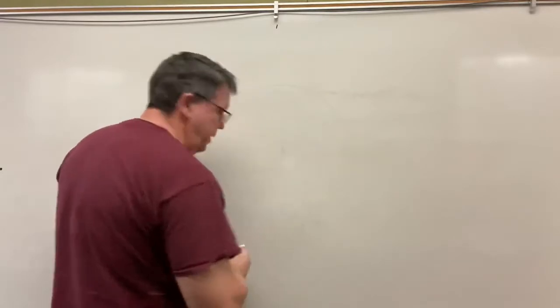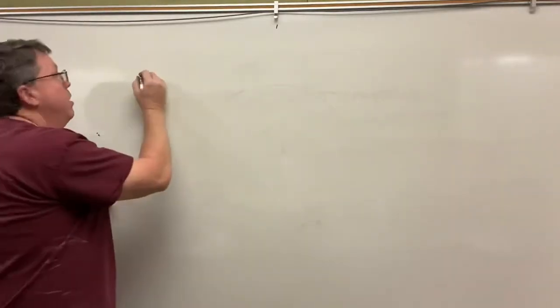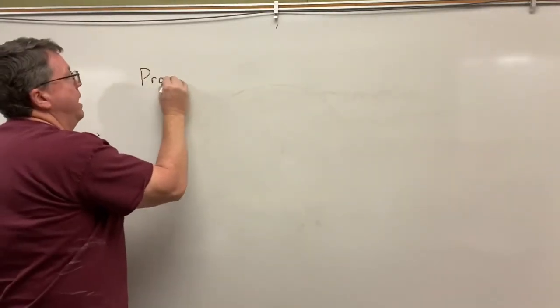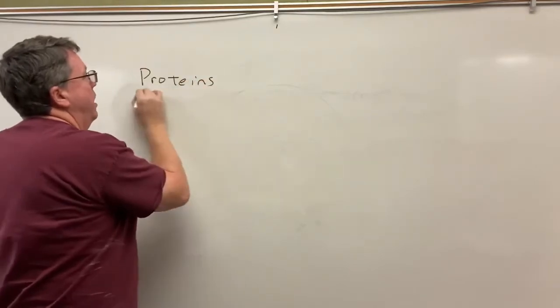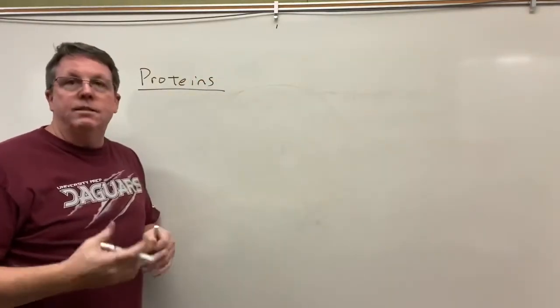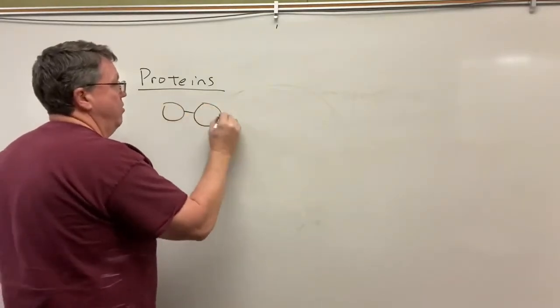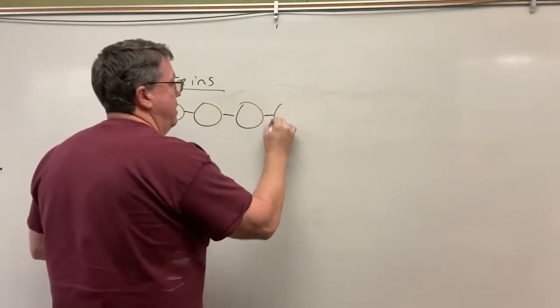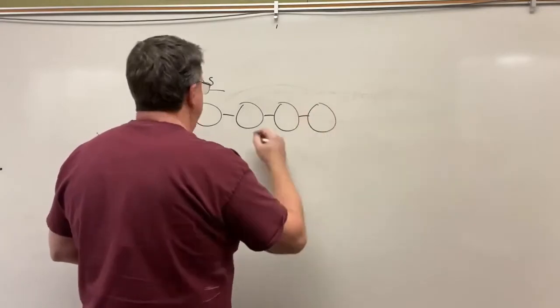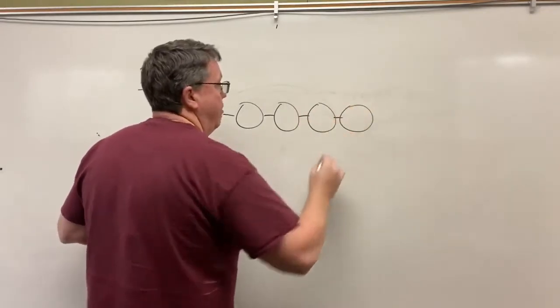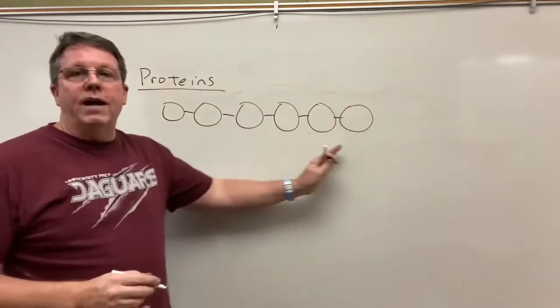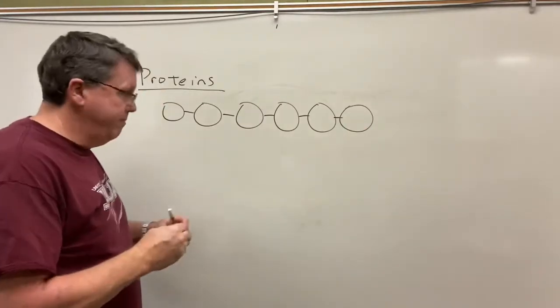So proteins are basically made up of a chain of amino acids. It's called the primary structure. So here's an amino acid, here's an amino acid, here's an amino acid, here's an amino acid, here's an amino acid, and here's an amino acid. This goes on a lot further than what we see right here.